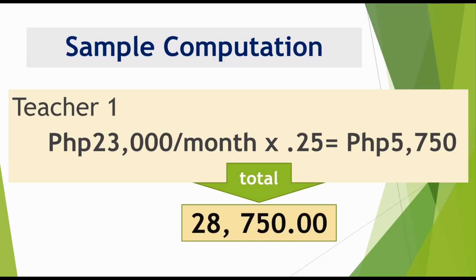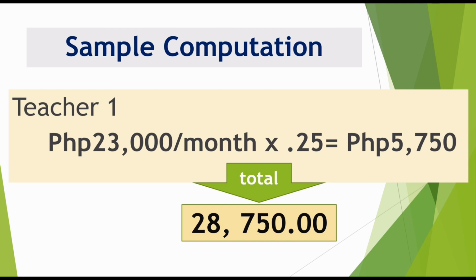Let me show you some sample computations. Suppose you are a Teacher 1 and your monthly salary is 23,000. You just multiply that by 0.25 and that would give you 5,750. So 5,750 would be your total additional remuneration.